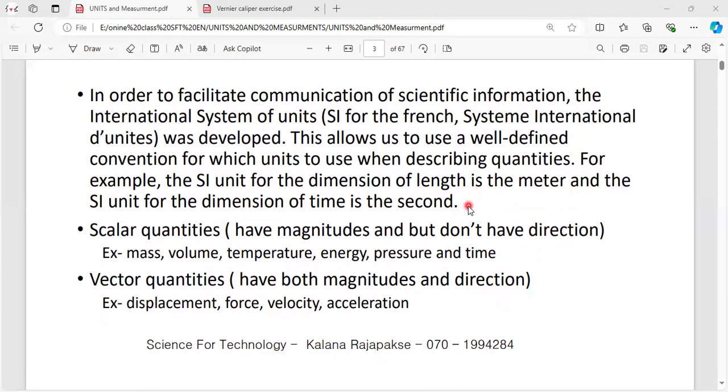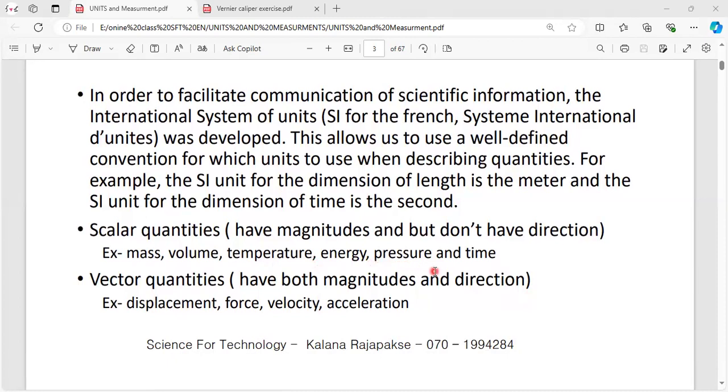And when you talk about the units, actually, there are two types of quantities. One is called a scalar quantity, and the other one is the vector quantity. The difference between these two is that scalar quantities have a magnitude, but they don't have a specific direction. For example, mass, volume, temperature, energy, pressure, and time.